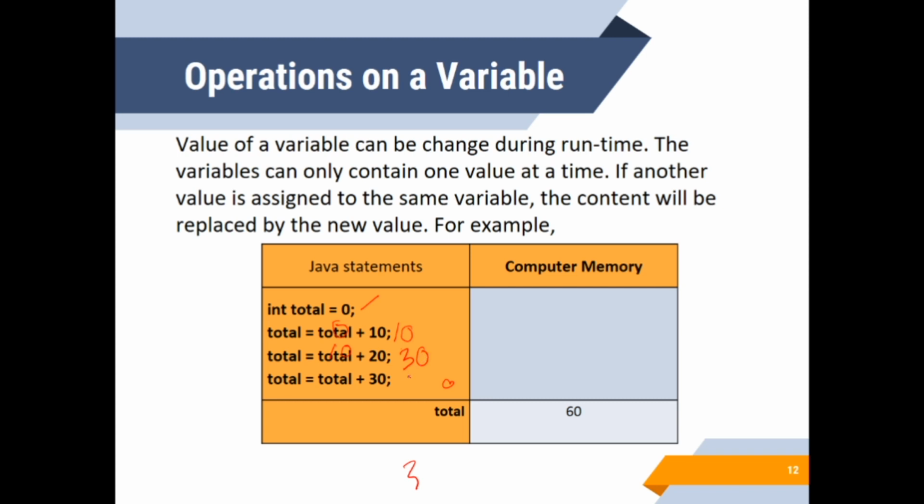Then we continue with the next Java statement. Total equal to total plus 30. So the latest value of total here is 30 plus 30. The final value of total we get is 60. The value is changed during the runtime.